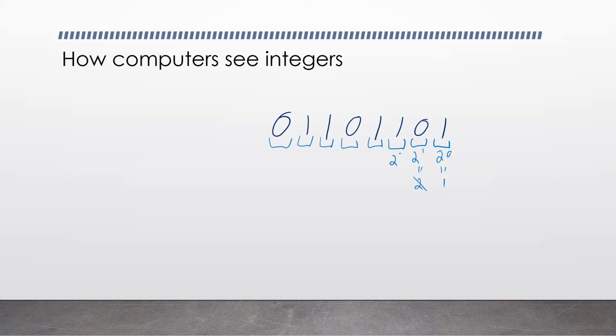This is 2 to the second, which is 4. This is 2 to the third, which is 8, and it continues on. 2 to the fourth, 2 to the fifth, which is 32, 2 to the sixth, which is 64, and this would be 2 to the seventh, which would be 128, but again, we're not using it because it's a 0. So we can take 64 plus 32 plus 8 plus 4 plus 1, and we get a value of 109.